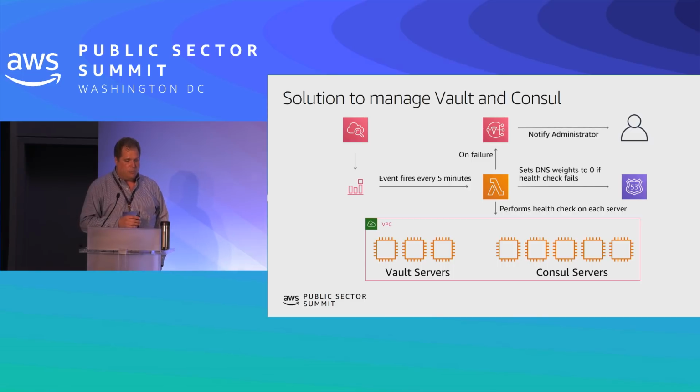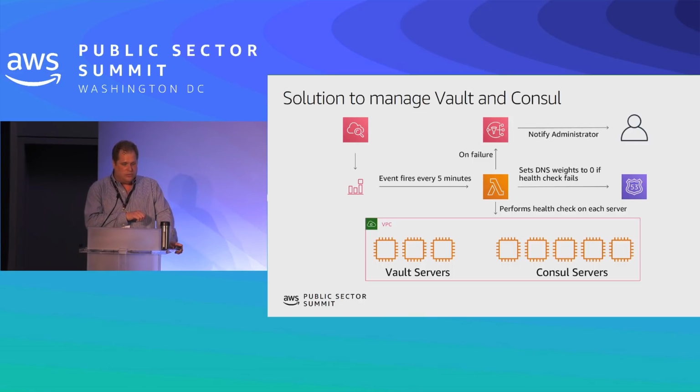In CloudWatch, we created events that fire Lambdas every 5 minutes, and it then does the health check of every server, all 3 of our Vault servers and our Consul servers. If there's an issue with any of them, it notifies us through SNS. The other thing it does is hit Route 53 and change the weight of DNS to 0.